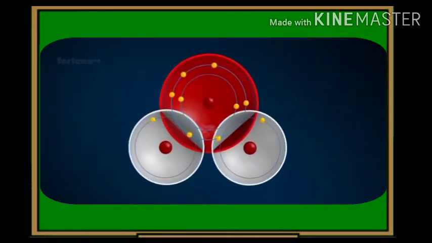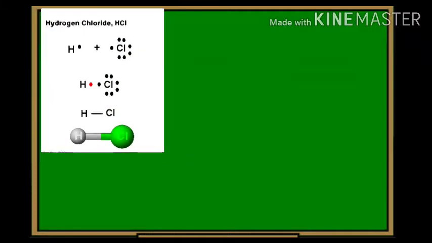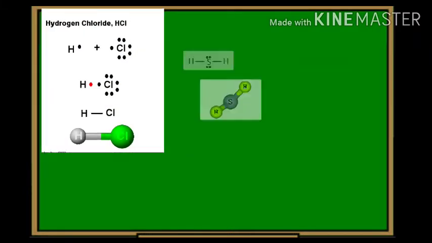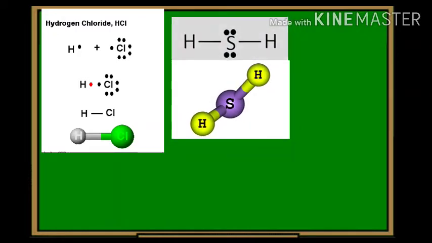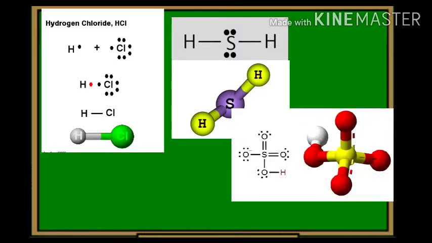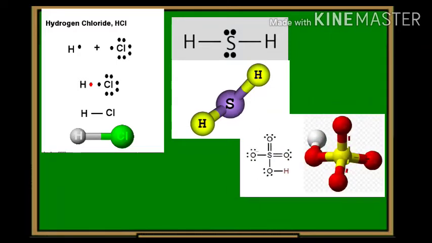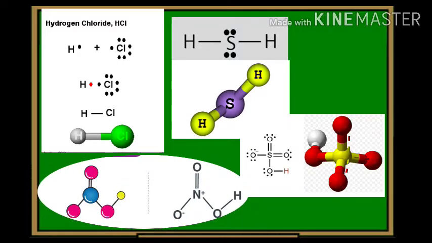Oxygen shares 2 electrons, one with each hydrogen atom, and both hydrogen atoms share one electron with oxygen. The valency of an element or radical is also defined as the number of hydrogen atoms that will combine with or displace one atom of that element or radical. For example, in the formation of hydrogen chloride, hydrogen sulfide, hydrogen sulfate or hydrogen nitrate.